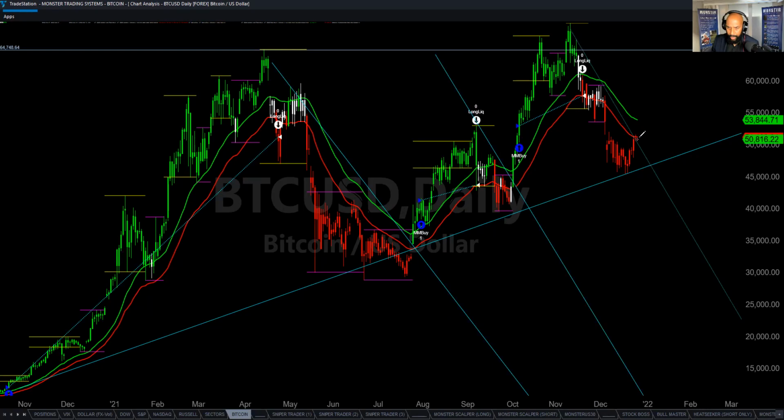Price came down, held support. Guess what? Buyers came in, boom, and moved the price higher. Price came down, held support again. Buyers came in, big candles.